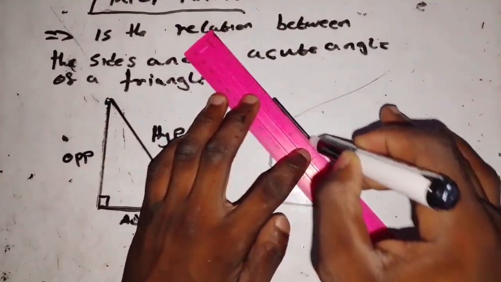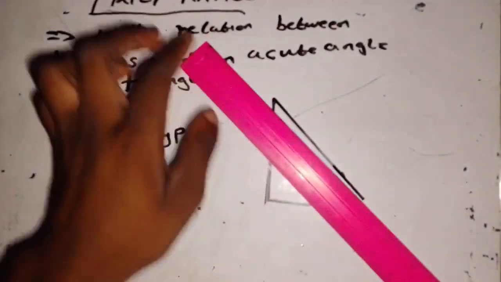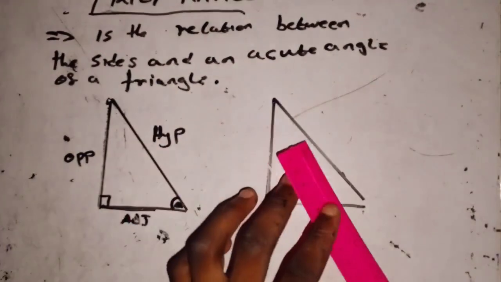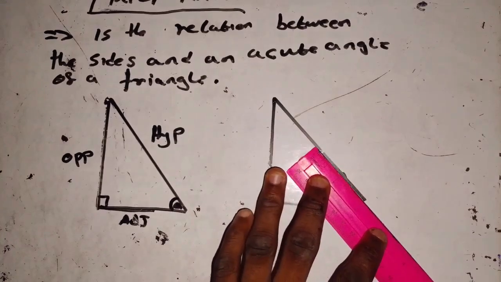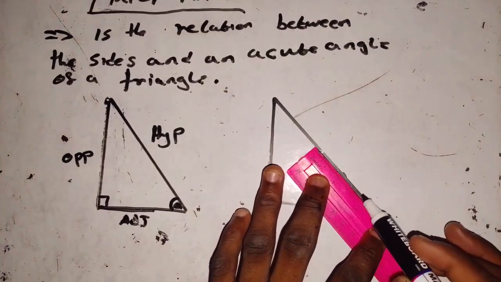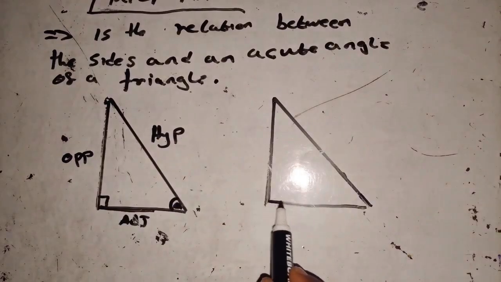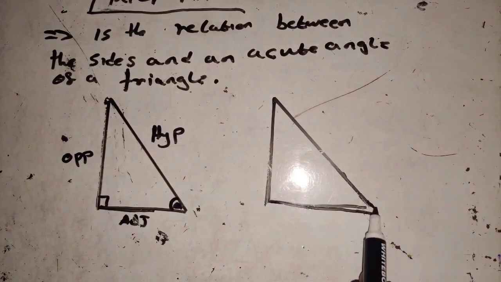Getting a distinction in additional mathematics is very simple. Actually, additional mathematics is one of the simplest subjects, even simpler than mathematics, though a lot of students say additional mathematics is very hard. It's very simple.